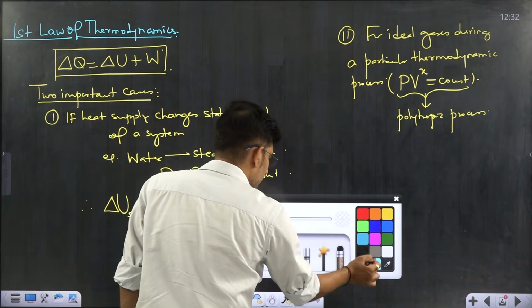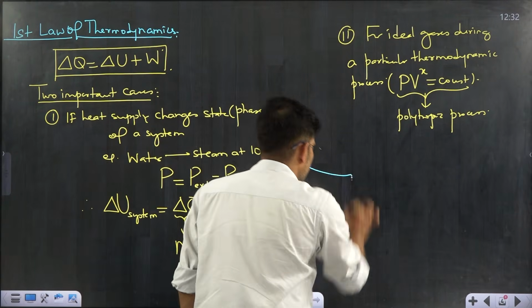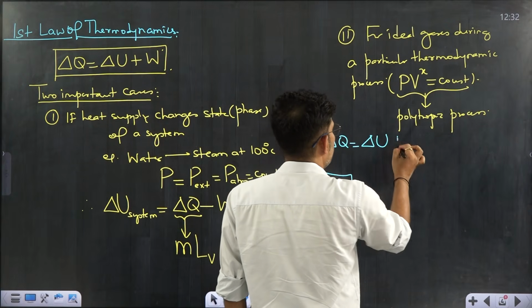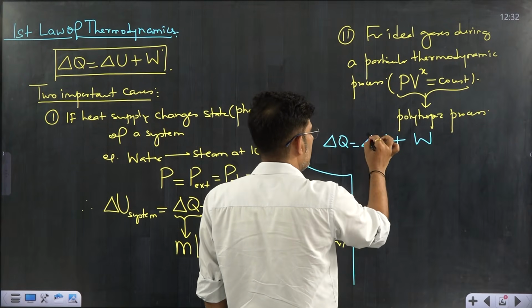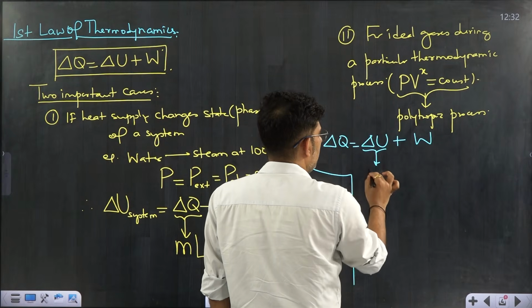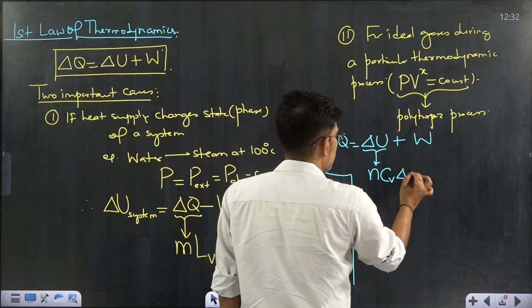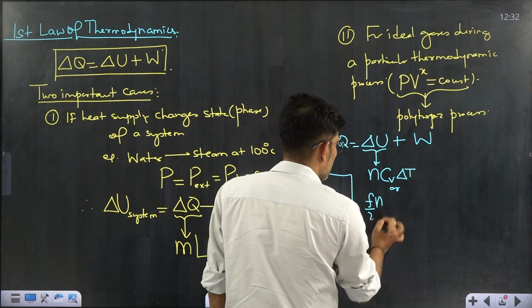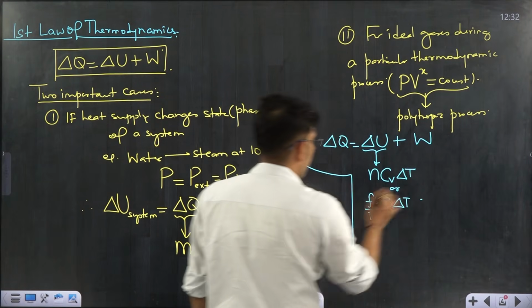So when you use in this particular case, so remember when we write delta Q is equal to delta U plus W, now here you will use a fixed formula, delta U is nCvΔT, or better to use, as I told, f by 2 nRΔT.